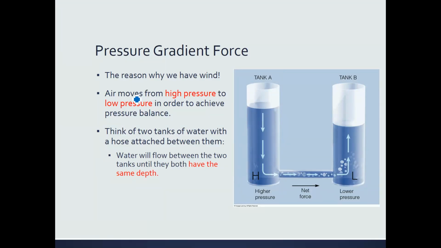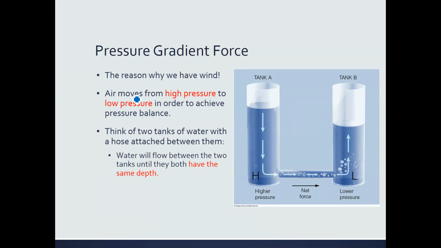are equal. A good demonstration of this, if let's say I had two tanks of water and a hose connected between the two, and I fill one tank all the way up to the top and the other tank halfway. The tank that's full is high pressure. The tank that's only half full is low pressure.